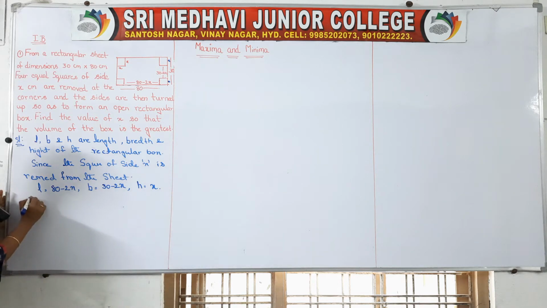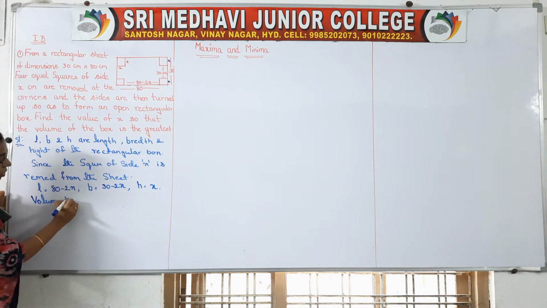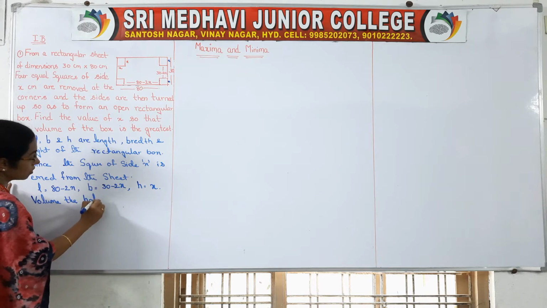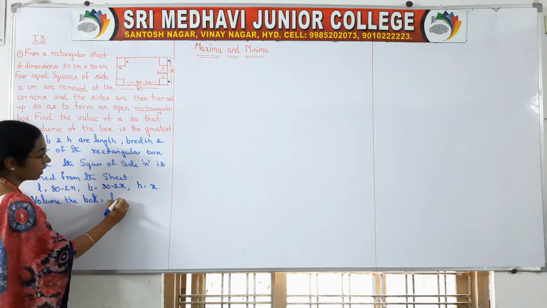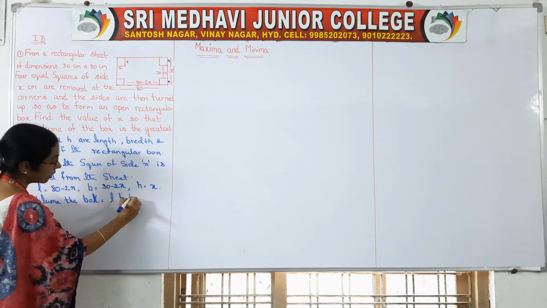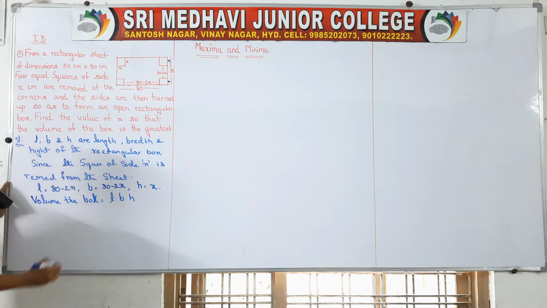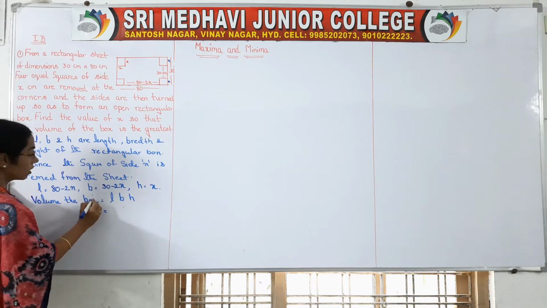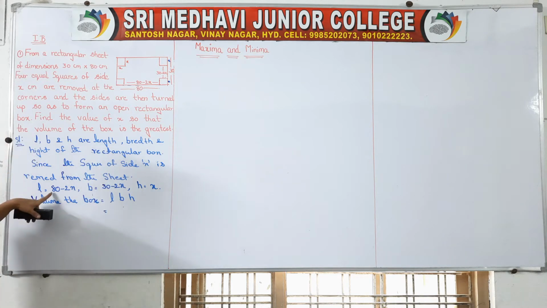Now you take the volume of the box. Volume of the box is equal to, what is the formula? Length into breadth into height. So it is equal to, what is your length?